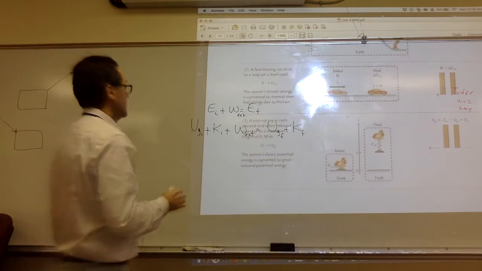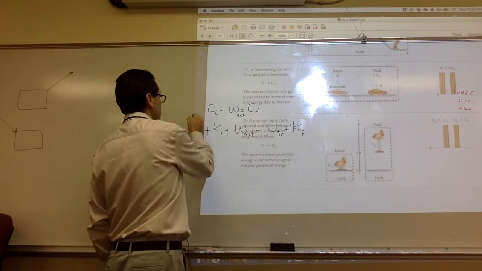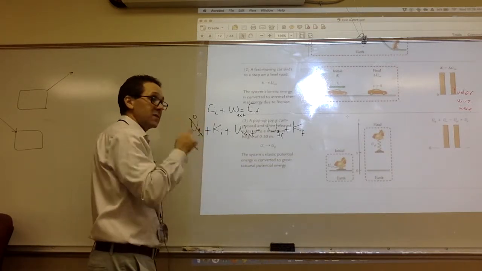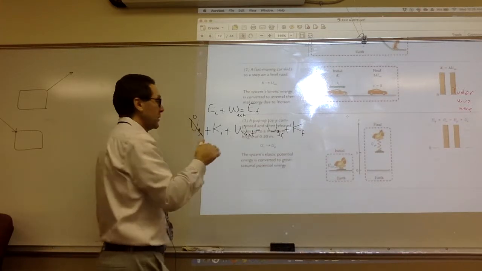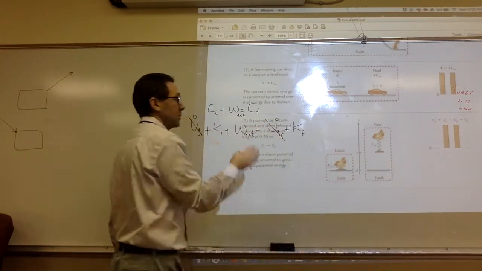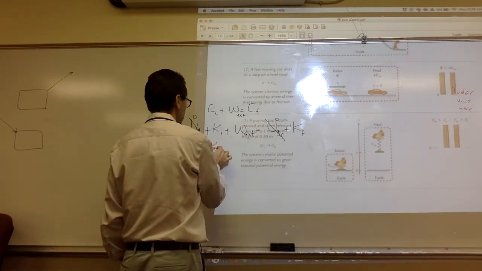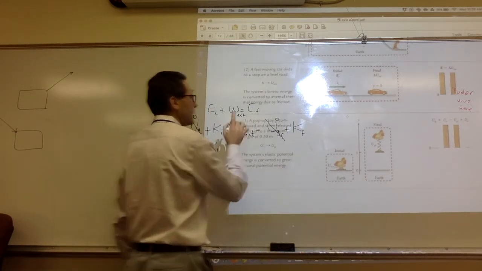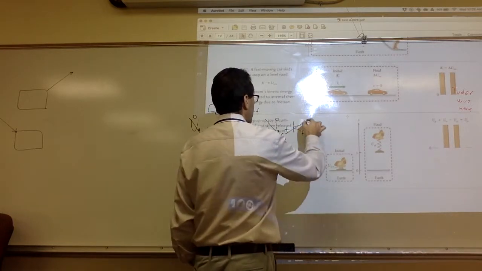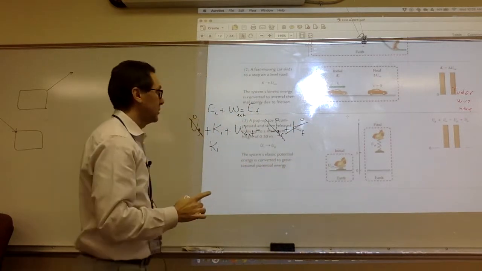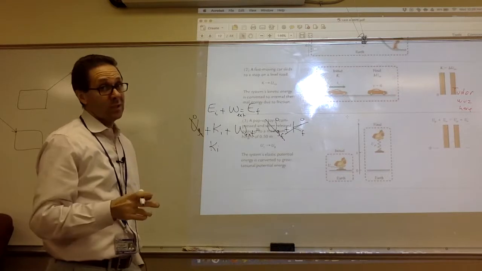Now, this is 0. This exists because Earth is part of the system. Well, this is 0 because I'm still at the ground level, right? The car has some kinetic energy, but it comes to a stop, which means its kinetic energy at the end is 0. So I end up with no energy at the end.